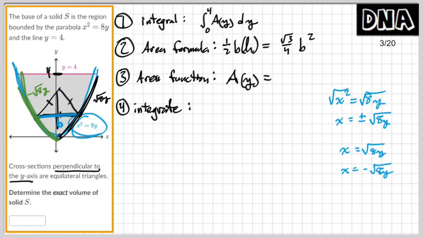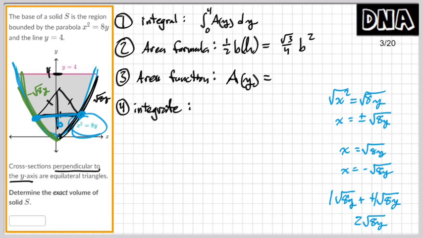If I wanted to find the length between this dot and this dot, those x values, we would subtract: square root of 8y minus negative square root of 8y. What do we get? We get 2 square root of 8y, because this becomes positive, we have 1 and 1, that means we have 2.